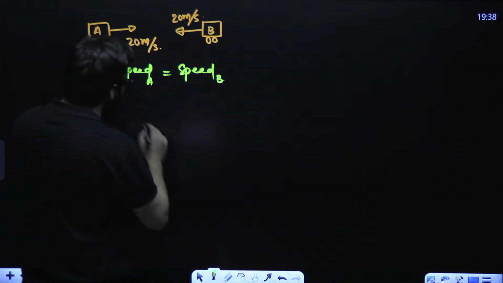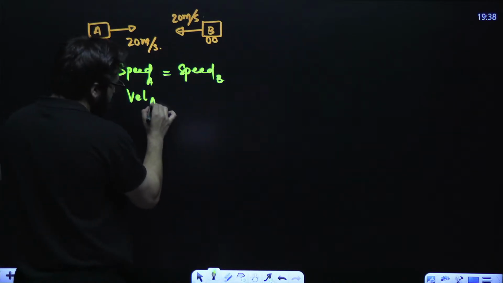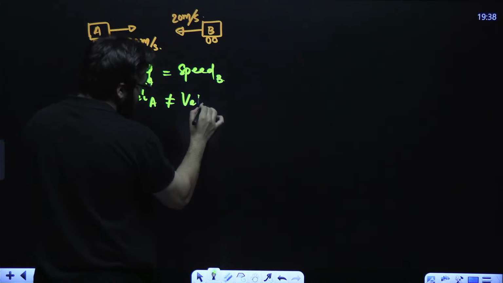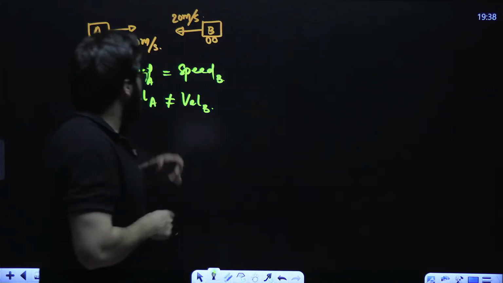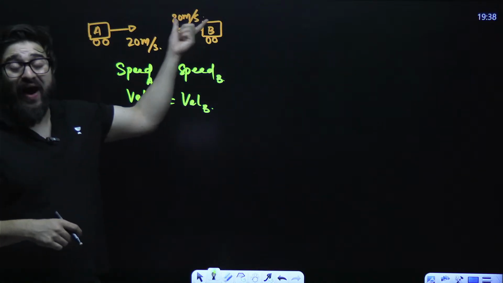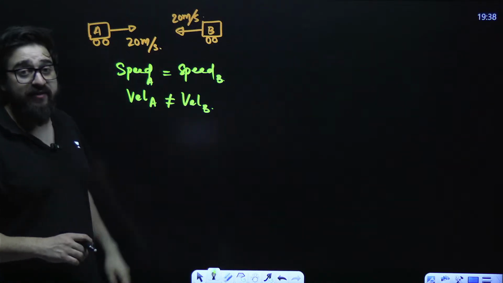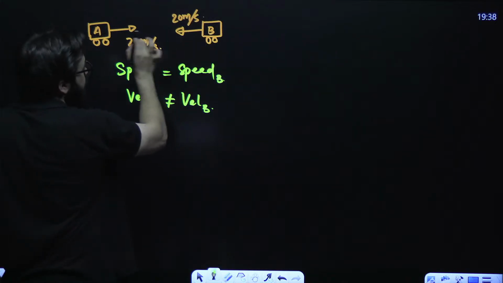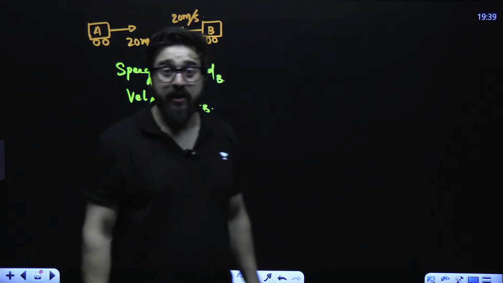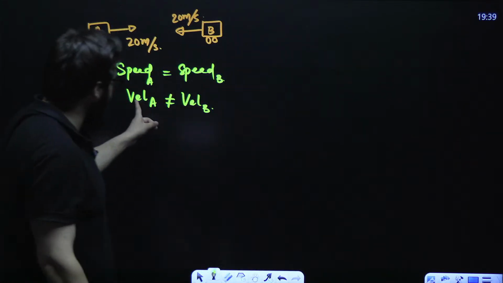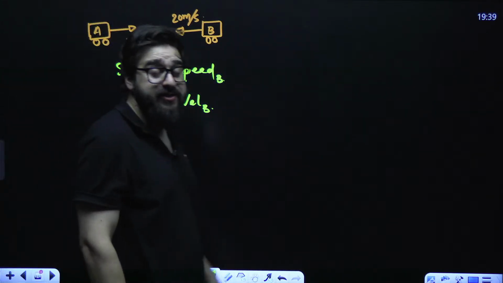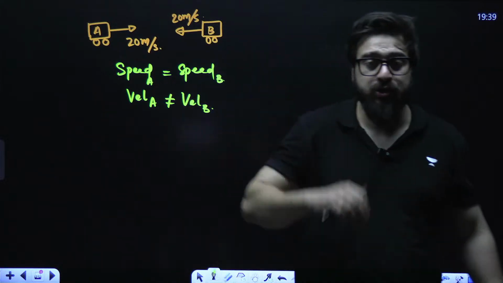But when it comes to velocity, the velocity of A is not equal to the velocity of B. Why? Velocity means how fast the car is moving and towards where. This is moving towards left and this is moving towards right, so they have different directions. That's the reason the velocities of these two cars are not equal, because the direction is opposite.